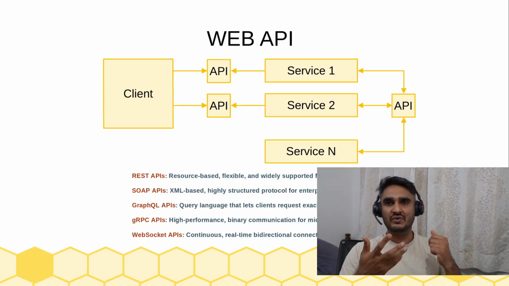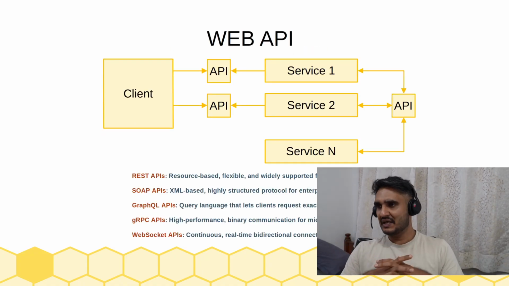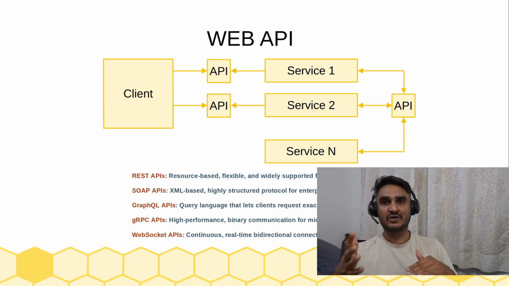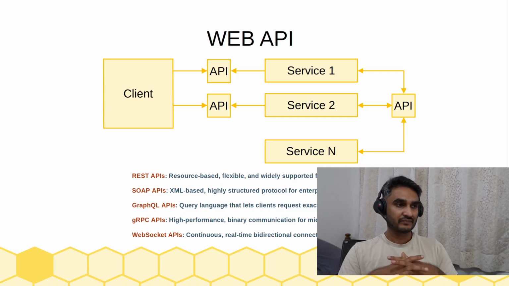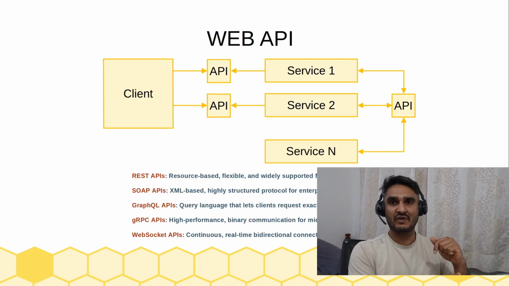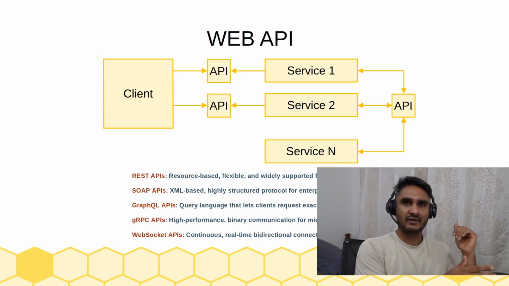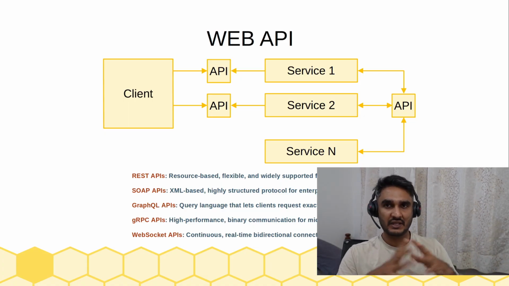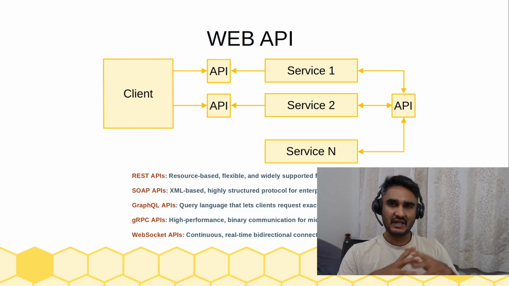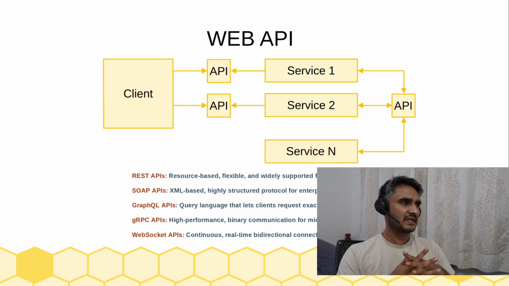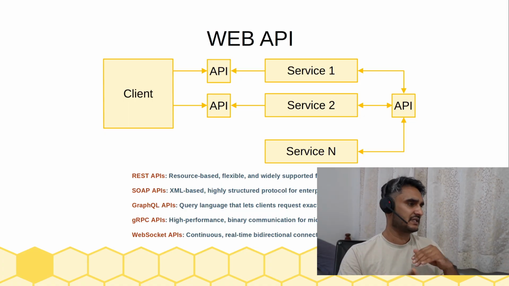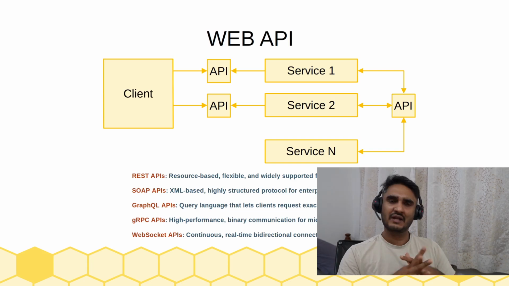Now, when it comes to web APIs, there will be individual services or programs running on the server side, and there are various ways for a client or another service to communicate with that service. There are various ways like REST API, SOAP, GraphQL API.